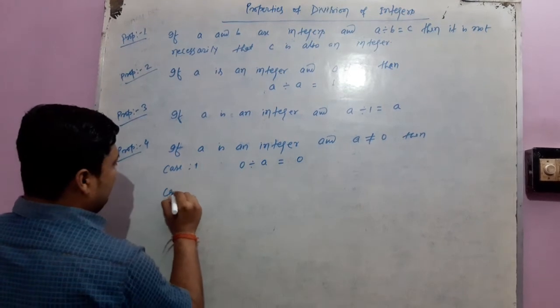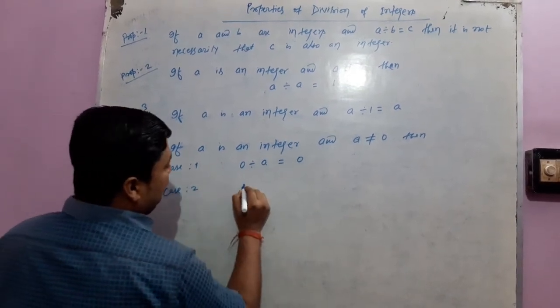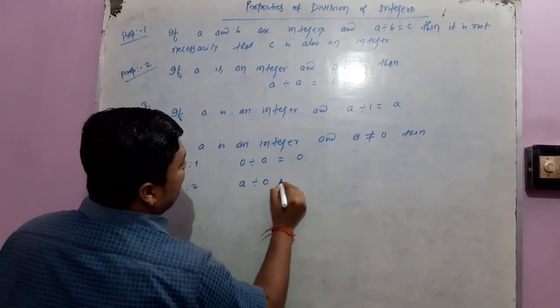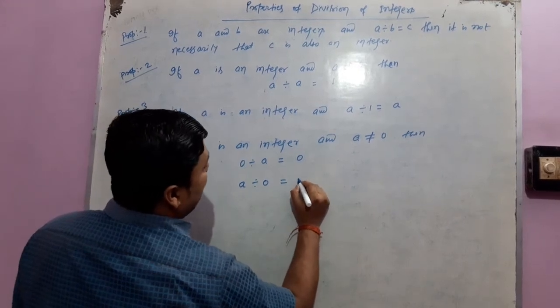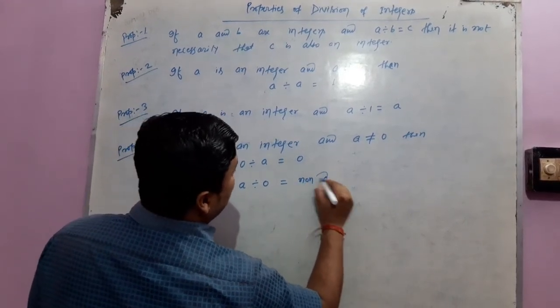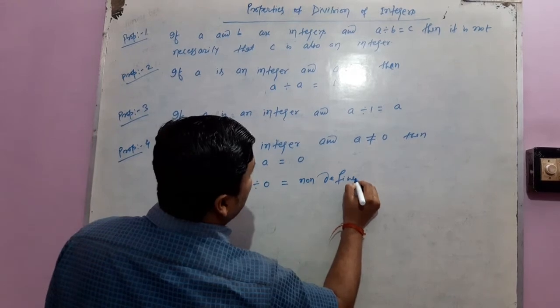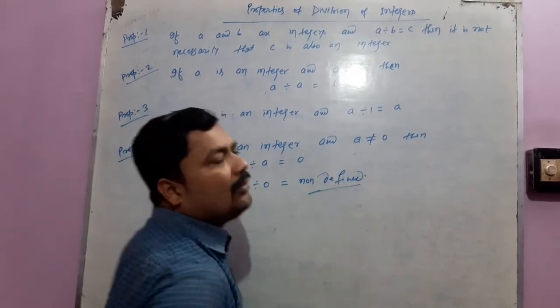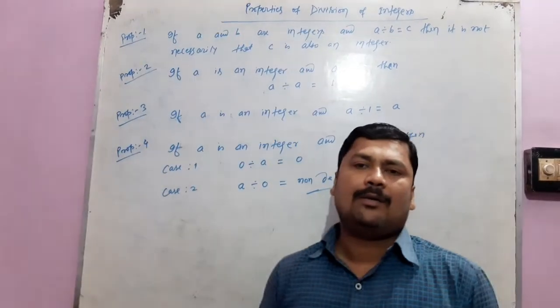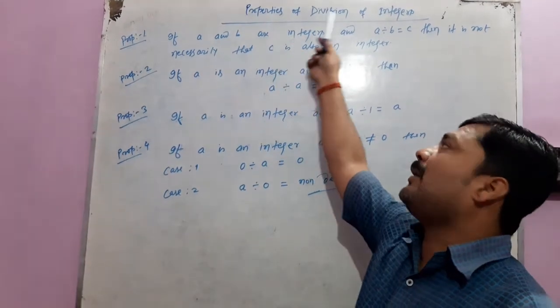But in case 2, if an integer is divided by 0, then its result is non-defined. So these are the 4 properties of division of integers.